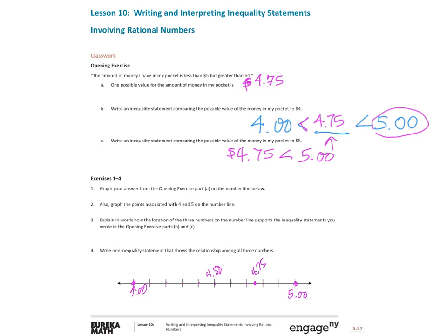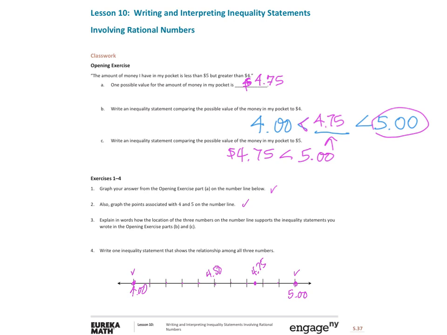Okay, so that one I just did. Also graph the points associated with 4, done, and 5, done. Just checking that off. Explain in words how the location of the three numbers on the number line supports the inequality statements you wrote up above in that opening exercise.